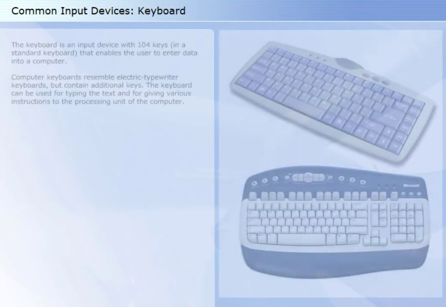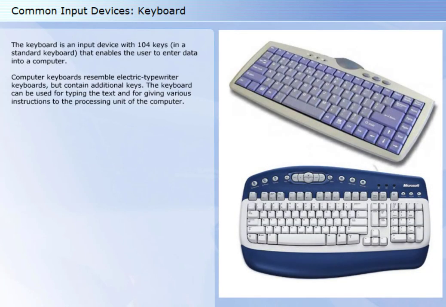The keyboard is an input device with 104 keys in a standard keyboard that enables the user to enter data into a computer. Computer keyboards resemble electric typewriter keyboards but contain additional keys. The keyboard can be used for typing text and for giving various instructions to the processing unit of the computer.